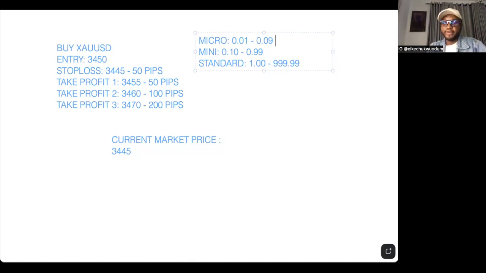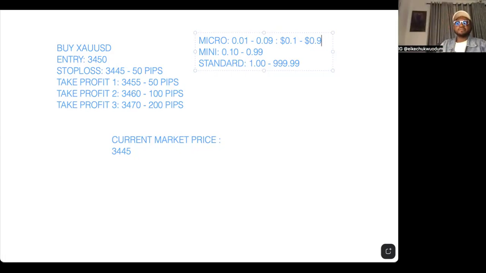Now, in the area of a micro lot size, a 0.01 lot means that you're going to be risking $0.1 for every pip movement. So when you're using a micro lot size, you're risking between $0.01 per pip movement to $0.9.